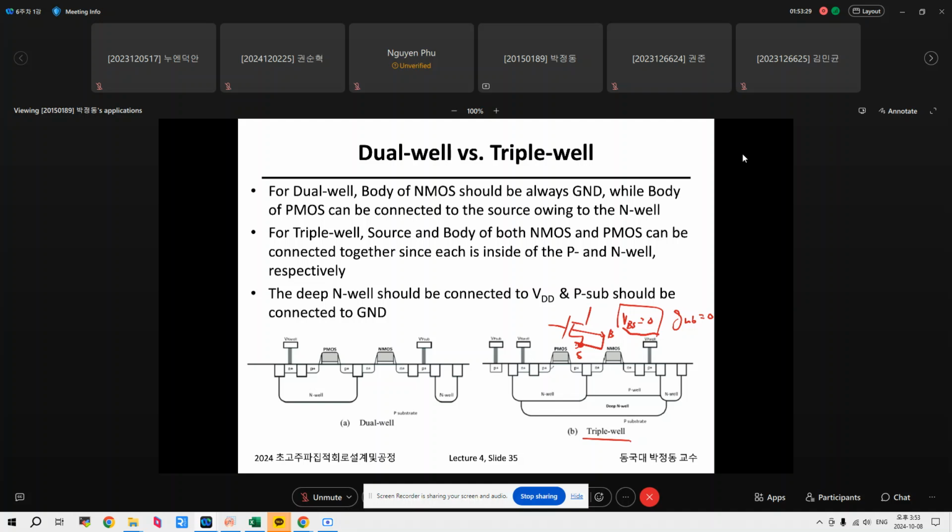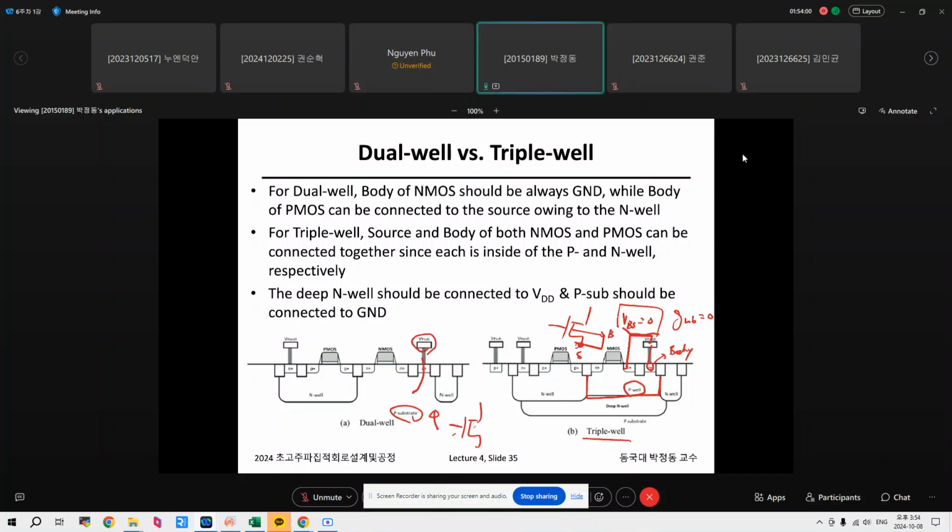So this is the body. In a triple well device, this body is inside the P well, not a P substrate straight like this. Therefore, you can easily connect this body to this source.